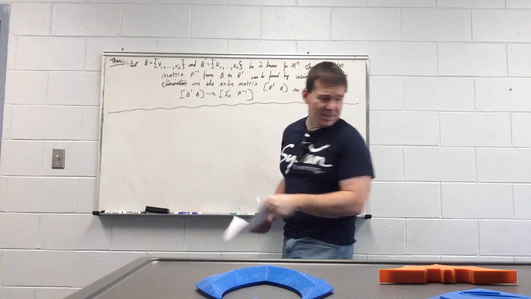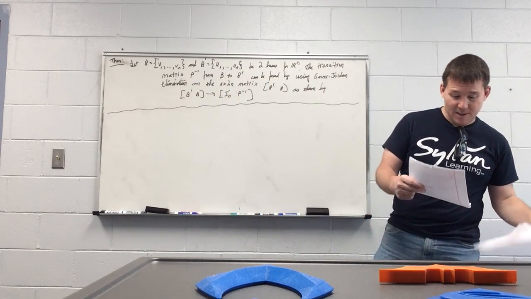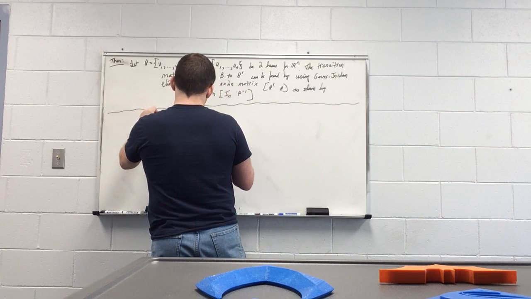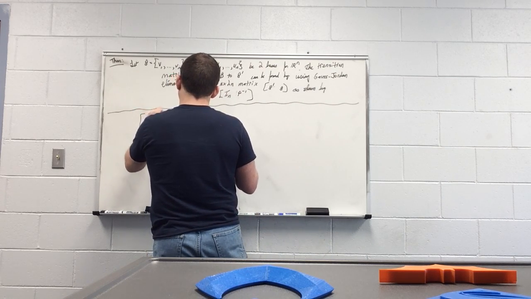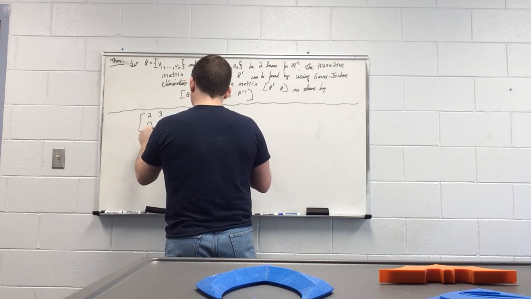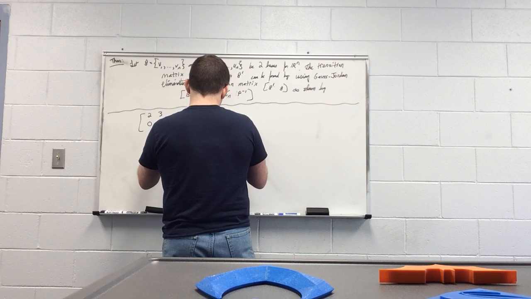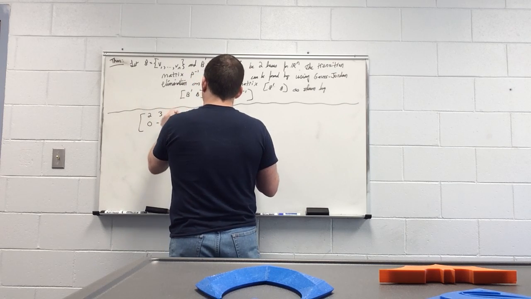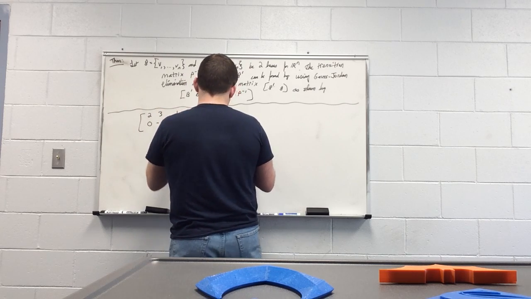So, because it's the one we did earlier, let's see. We went from 2, 3, 0, negative 1. That was my P. Now I have 1, 0, 0, 1.